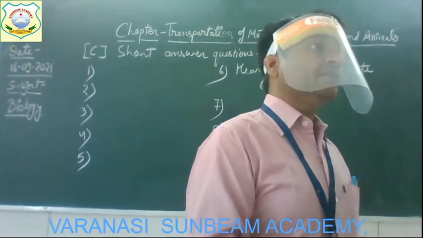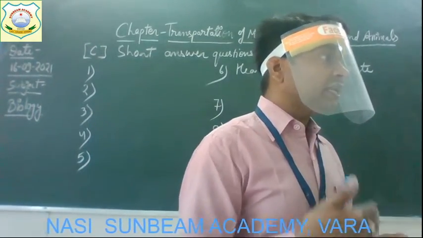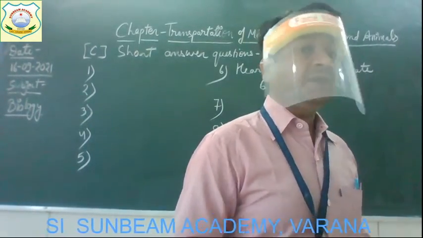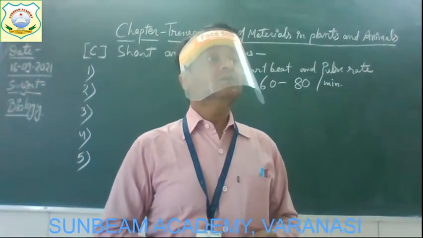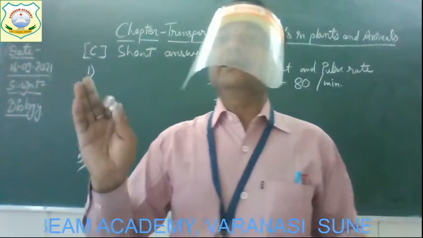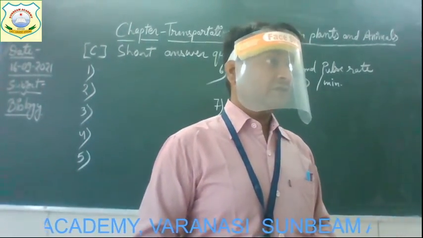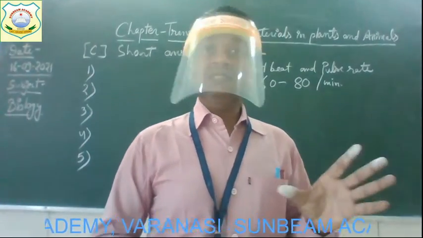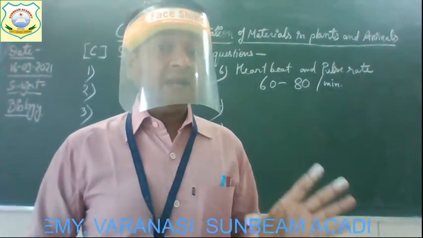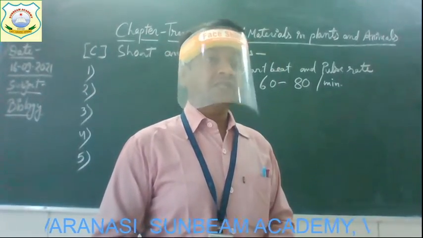And this process of filtering out the waste material from the blood is simply known as excretion. You can define excretion as the process of removal of metabolic waste from the body.